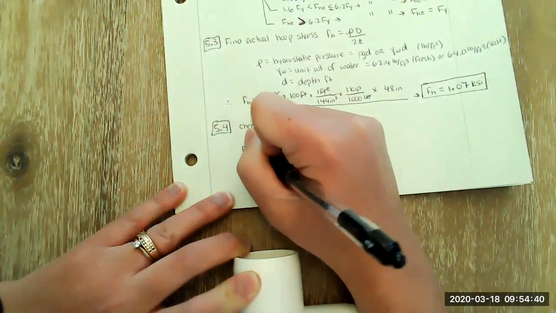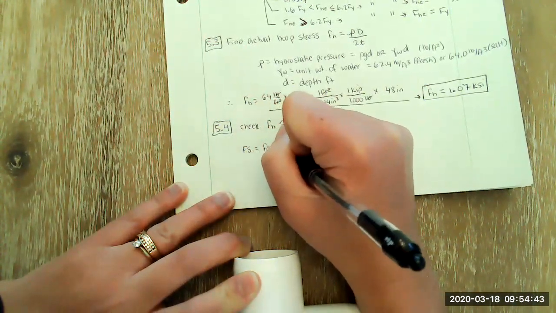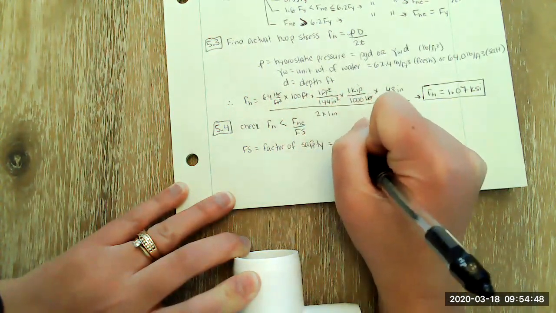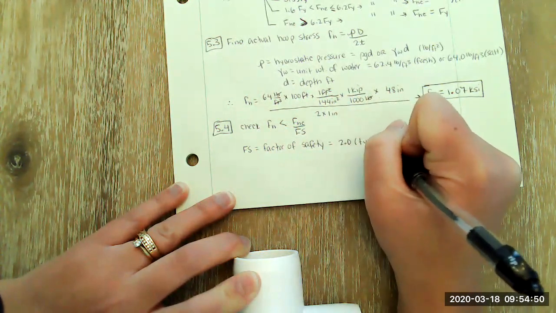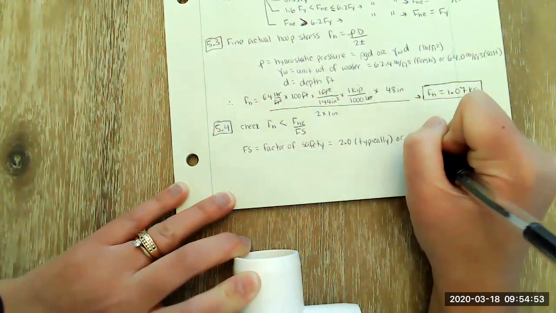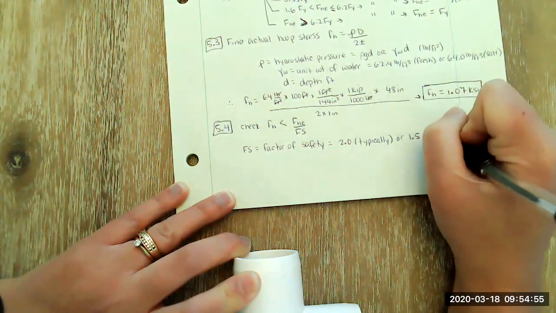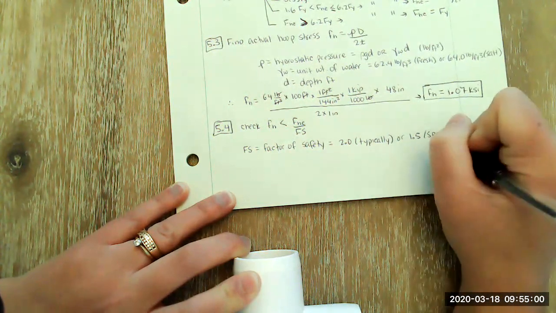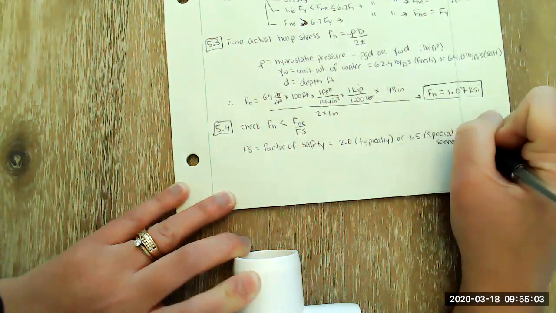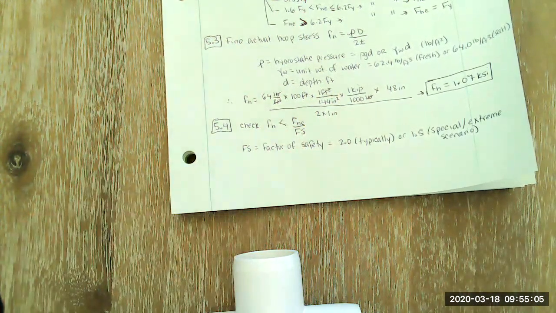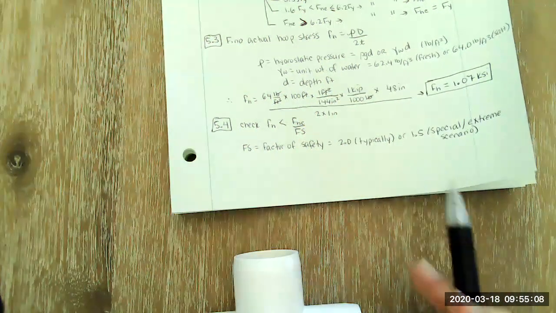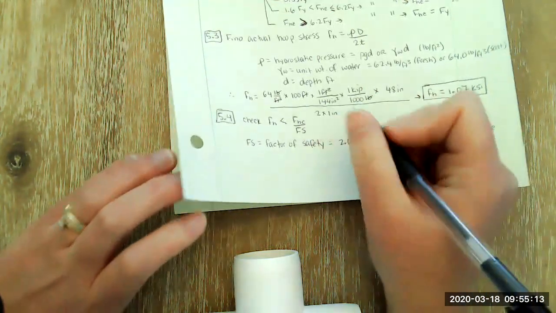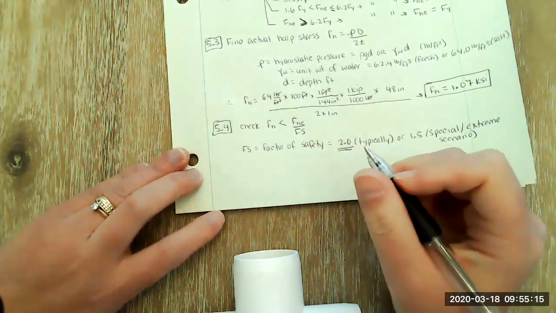So Fs is equal to the factor of safety, which is typically 2.0, or 1.5 for a special or extreme scenario. So maybe if you're designing for something like a hurricane event, you might lower your factor of safety because you're already anticipating very high loads. Let's use a factor of safety of 2. This is just a normal condition.